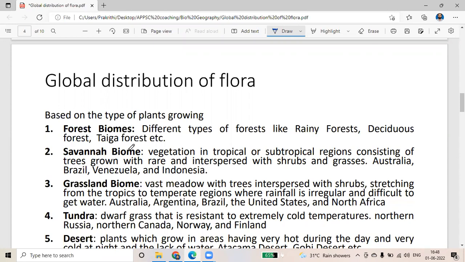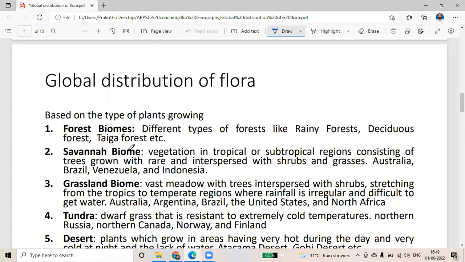So it's a combination of shrubs, grasses, and trees. Mostly, if you look, it will have a brownish or orange color, because it is mostly in a semi-arid condition. It is widely distributed in Australia, Brazil, Venezuela, and Indonesia.